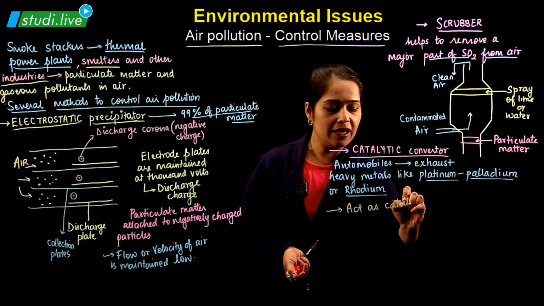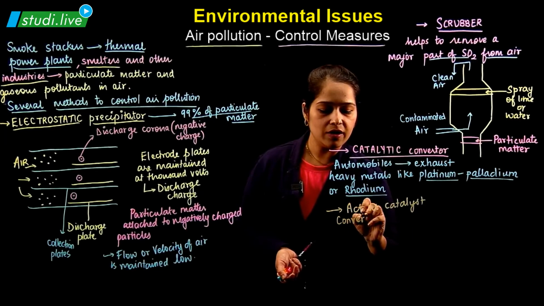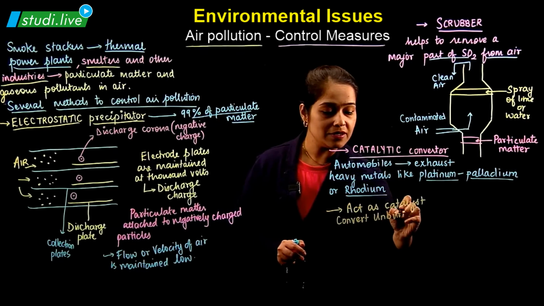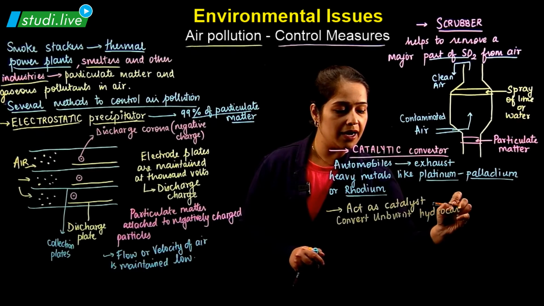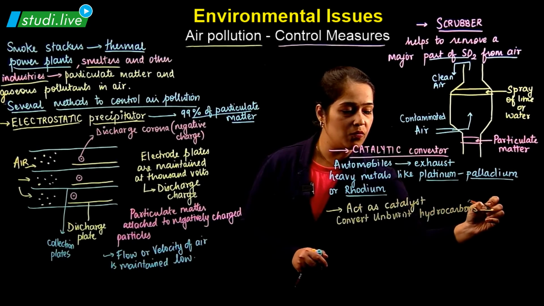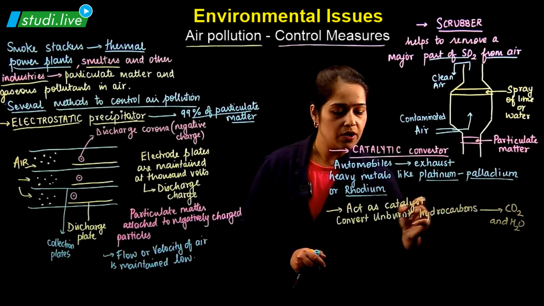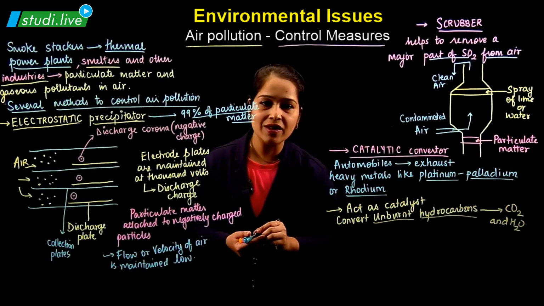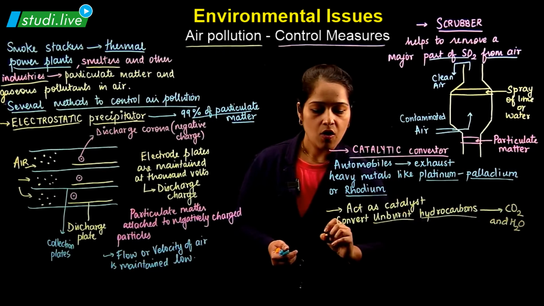They help to burn the unburned hydrocarbons, the hydrocarbons which are not burned, and convert them into carbon dioxide and water. So whatever unburned hydrocarbons we have will get converted into carbon dioxide and water.